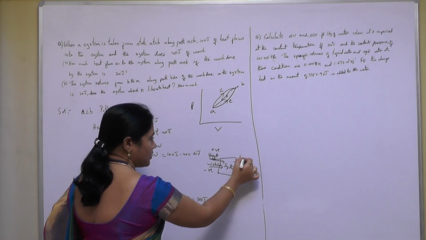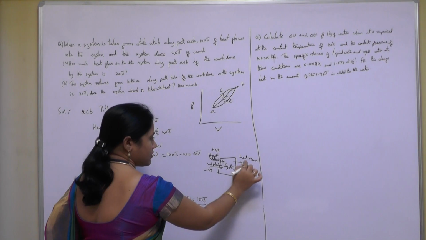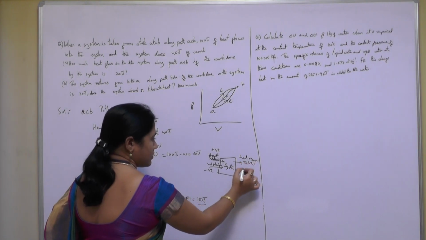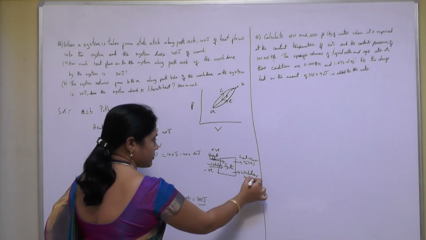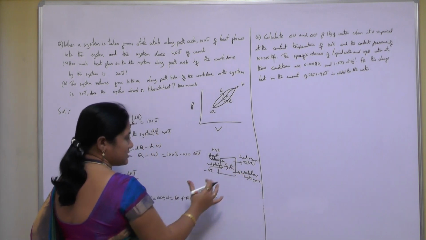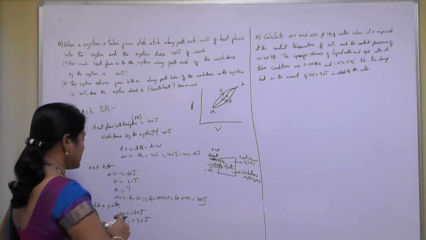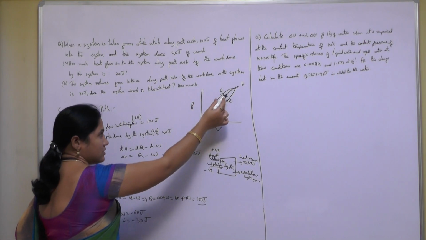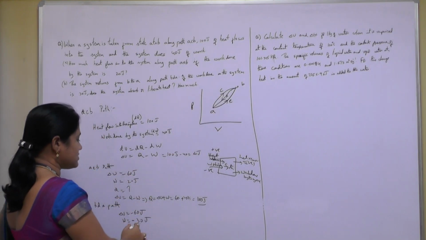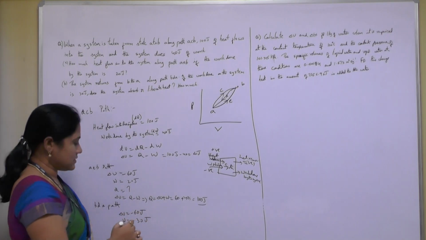Heat removal is negative, and work done by the system is positive. These are the sign conventions generally used in the calculations. So delta U is minus 60 joules because the direction is changed, and work is minus 30 joules because work is done on the system.